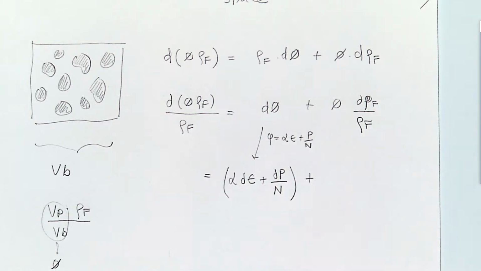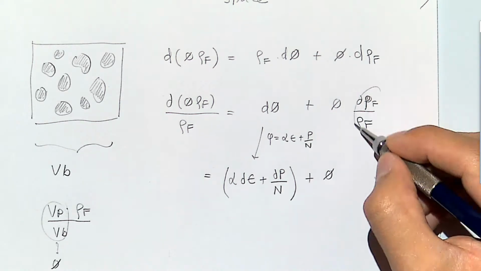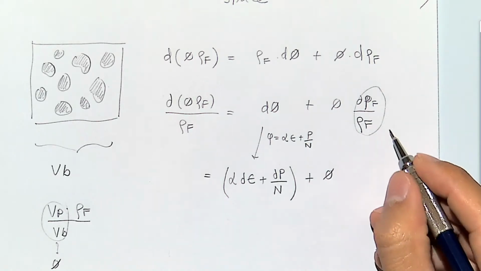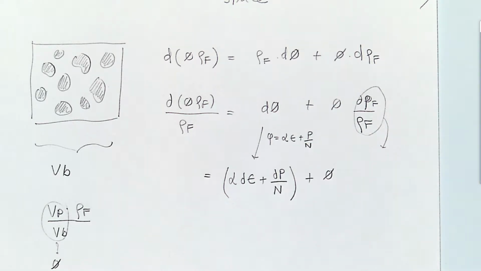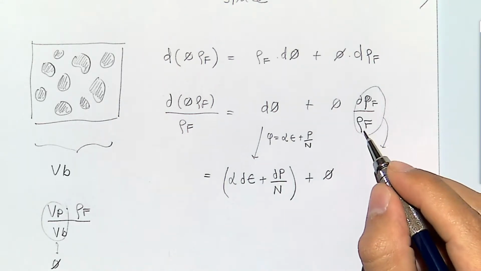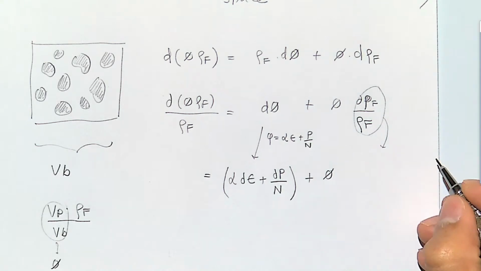Let's see the other part. Do you remember any kind of physical law that explains variations of density with respect to initial density? What property of a fluid tells you the variation of density with respect to initial density?